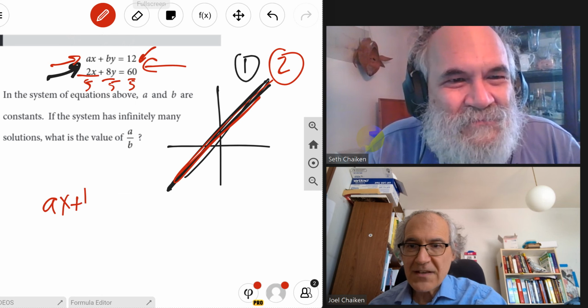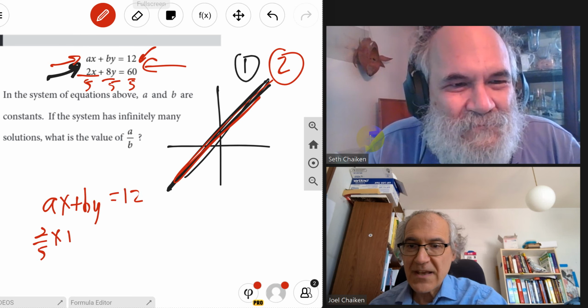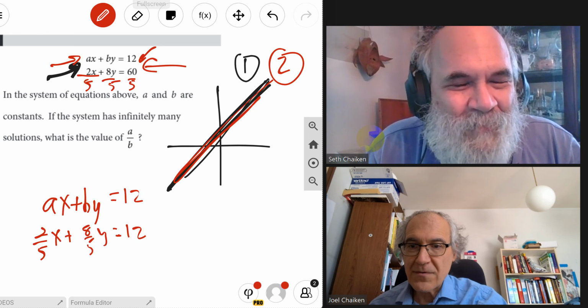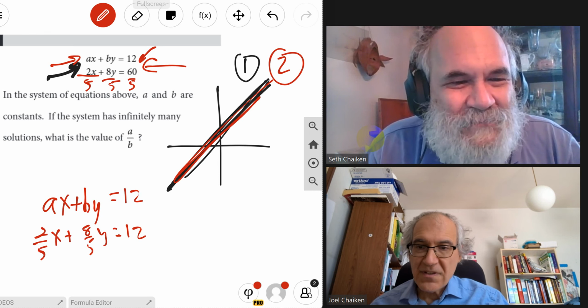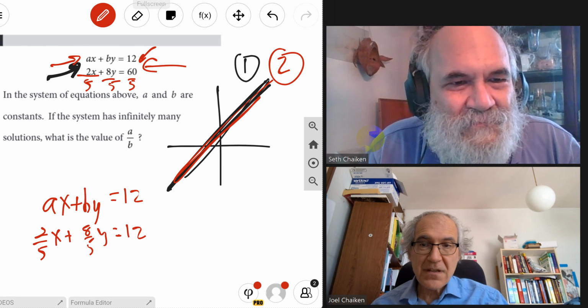So you have ax plus by is equal to 12. I may crash, this may not be the way to do it. And then you have 2/5 x plus 8/5 y is equal to 12. So doesn't it make sense that A would have to be 2/5 and B would have to be 8/5?